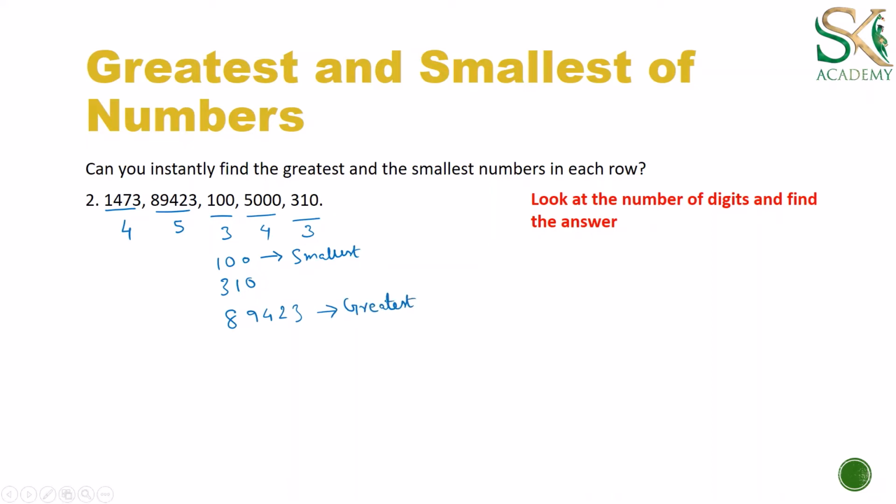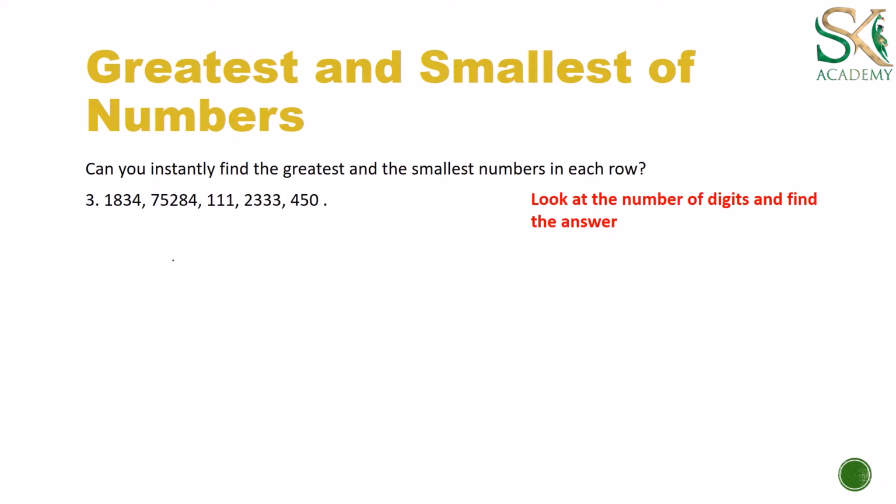Now let us look at another sum. Here, how many digits do we have? You can pause the screen and try along with me. This is 4 digits, this is 5 digits, this is 3 digits, this is again 4 digits, and this is 3 digits. Now what is the smallest?